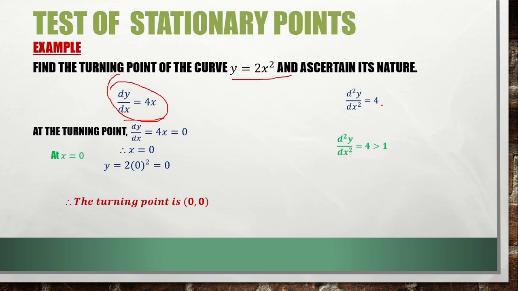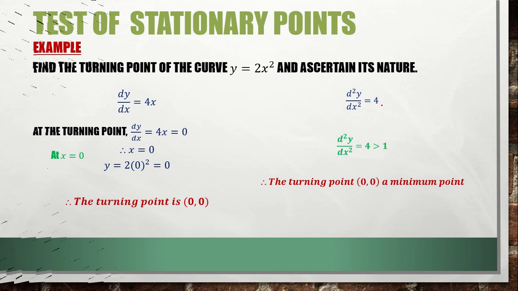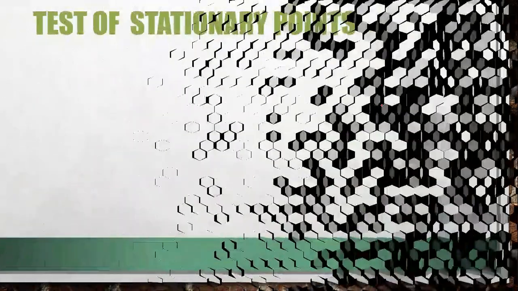So notice 4 is greater than 1. So greater than. Start thinking in small values, and small things are minimum. So basically the turning point (0, 0) is a minimum point. What did we get previously? Let's continue.